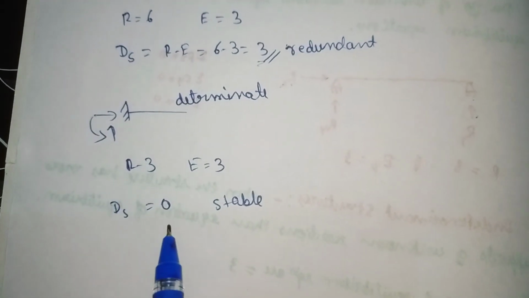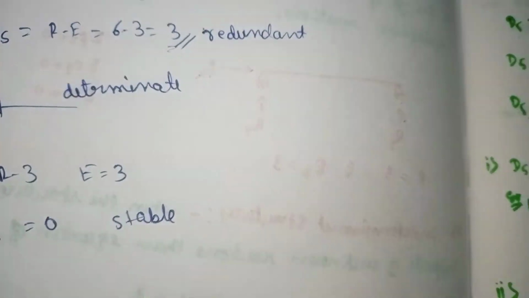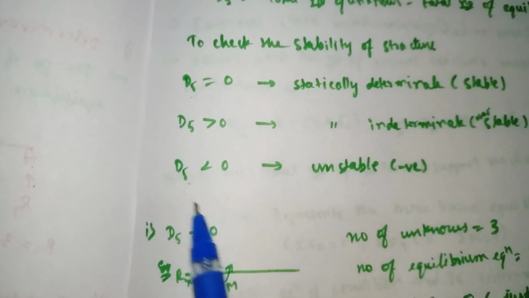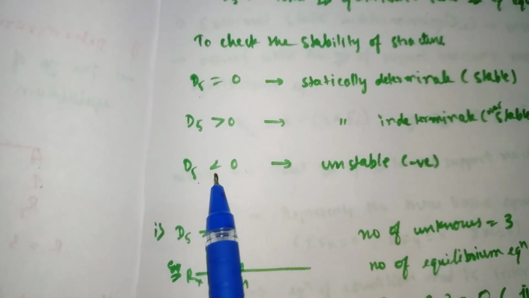When ds is greater than 0, our structure is statically indeterminate. So to make it stable we need to remove these 3 redundants. And one more condition is there: our structure is statically unstable when ds is less than 0.